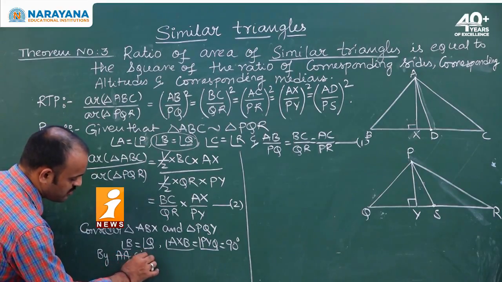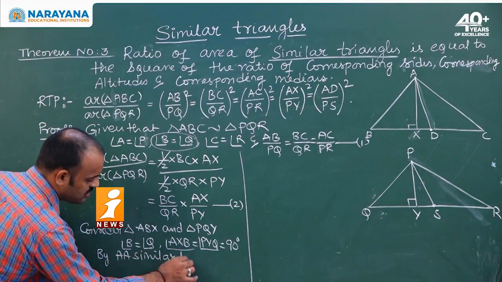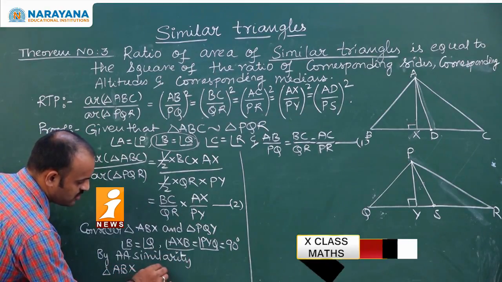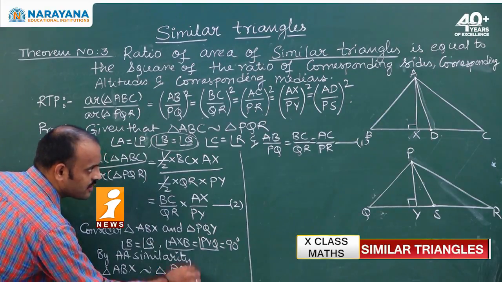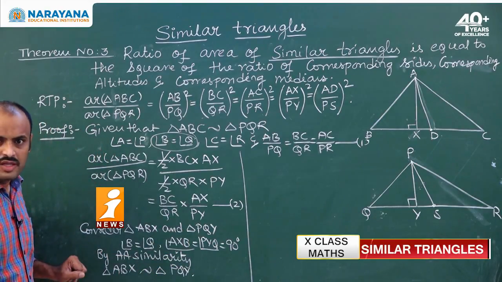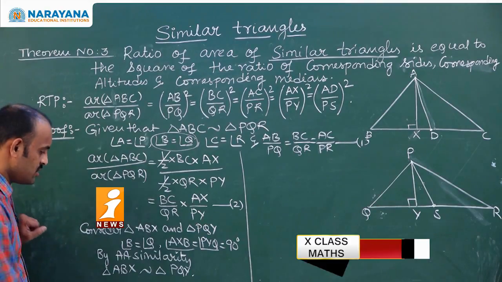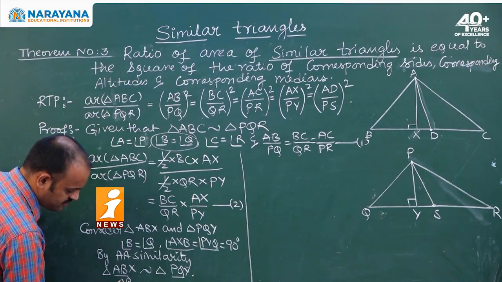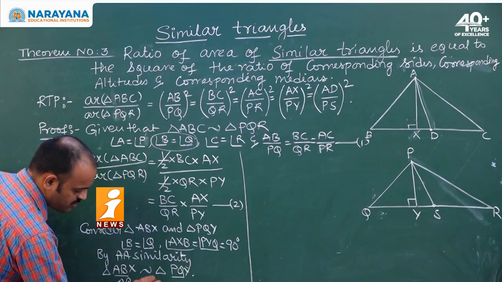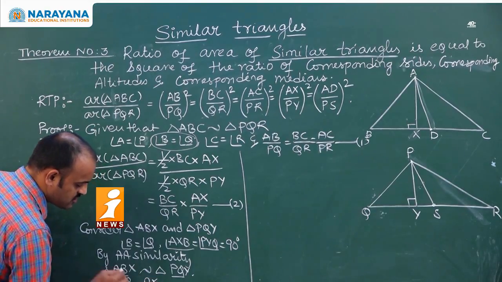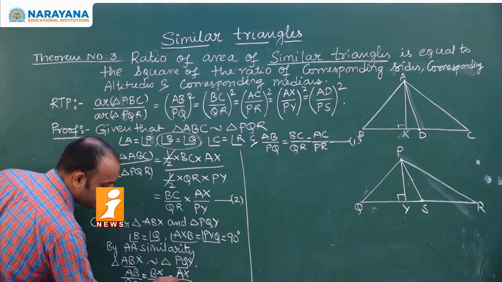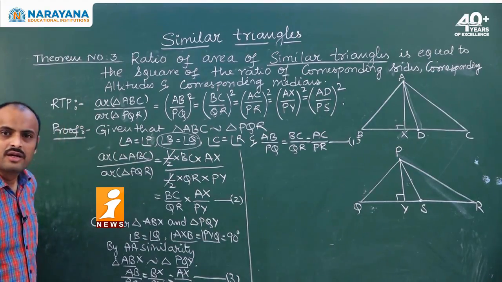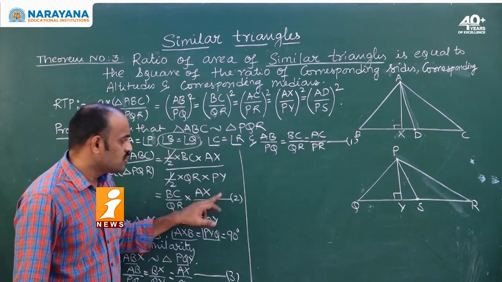By angle similarity, triangle ABX is similar to triangle PQY. Once the triangles are similar, the ratio of the corresponding sides are equal. So AB by PQ is equal to BX by QY is equal to AX by PY. This is third.